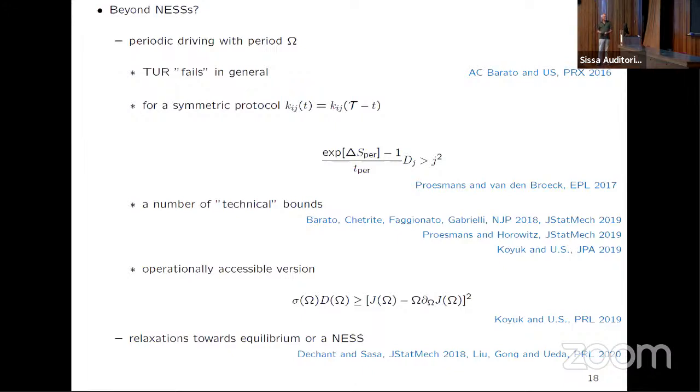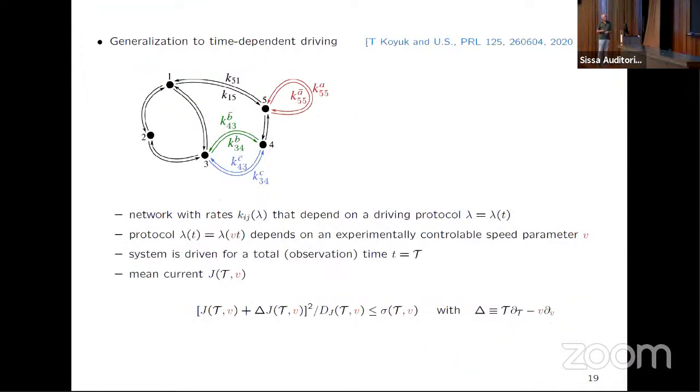The second class of systems, you might be interested in relaxation towards equilibrium or towards a non-equilibrium steady state. And there were also relations valid now for this situation. So let me describe the result with Timur Koyuk, which generalizes and comprises many of these previous relations.